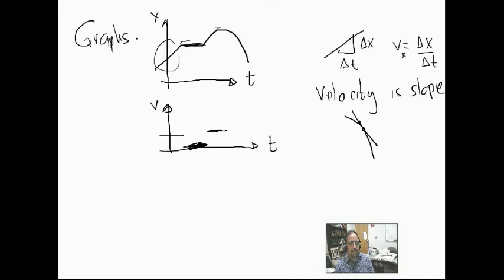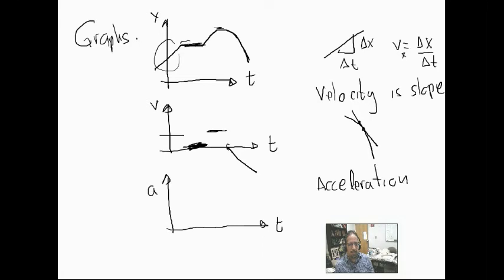First it's here, it's close to zero, then it becomes negative and more negative. We go here and it looks like that. It's a strange graph.